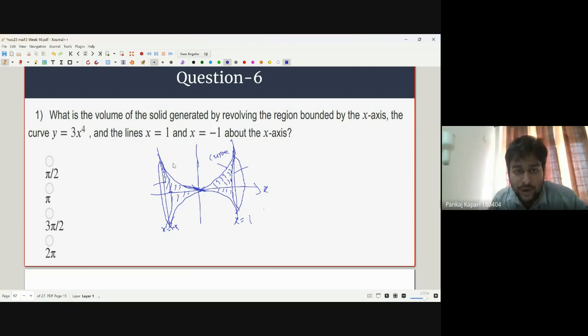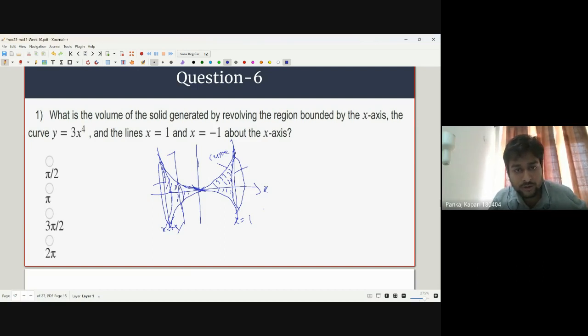Whenever you take a slice, your axis of revolution is the x-axis. That means you have to take a plane which is perpendicular to the x-axis and cut this solid anywhere. You can take this plane also, and any other plane.